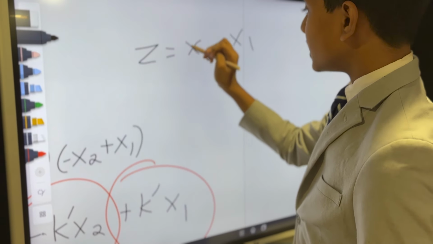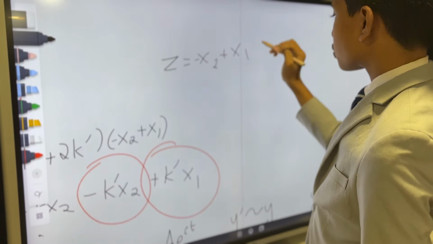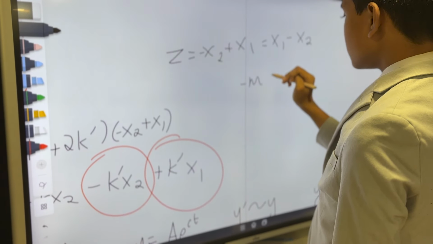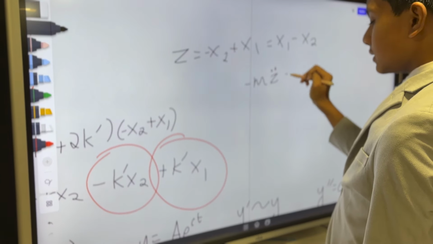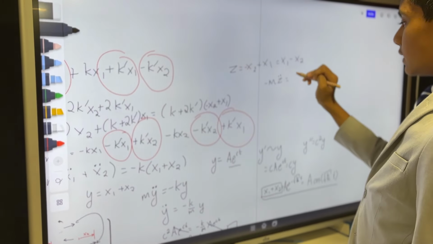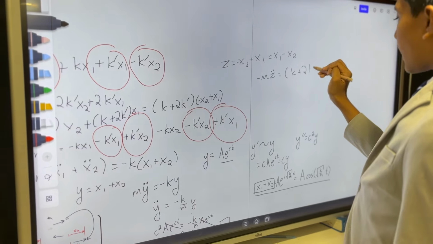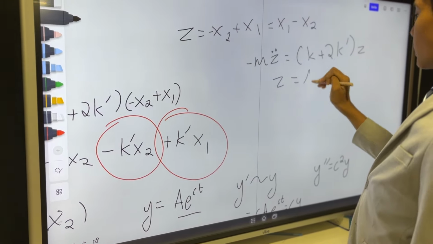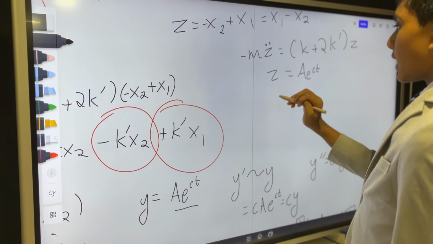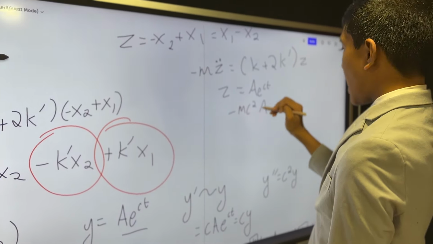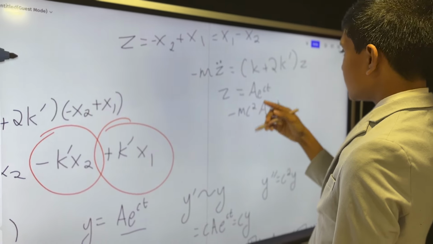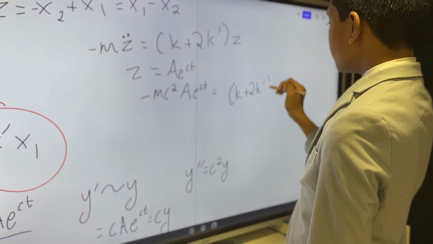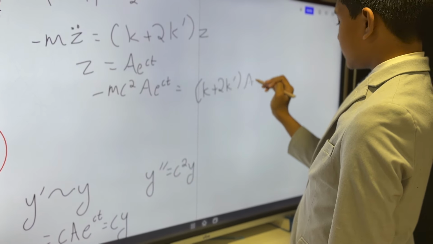We get z is equal to minus x2 plus x1, or x1 minus x2. We get the resultant minus m z double dot is equal to k plus 2k prime times z. So, plugging in the trial solution like before, we get minus m c squared A e to the ct is equal to k plus 2k prime times A e to the ct.